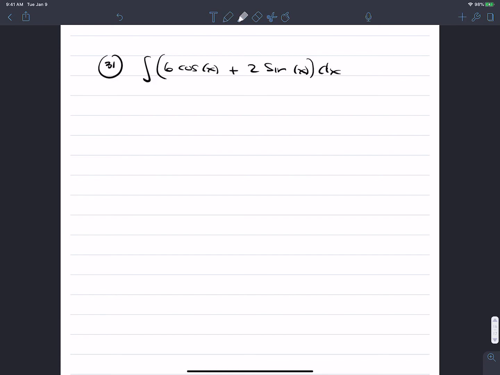So again, we have an integral of a sum, which is sum of integrals. So I'll say the integral of 6 cosine x dx plus the integral of 2 sine x dx. So we used our integral of a sum as sum of integrals property.